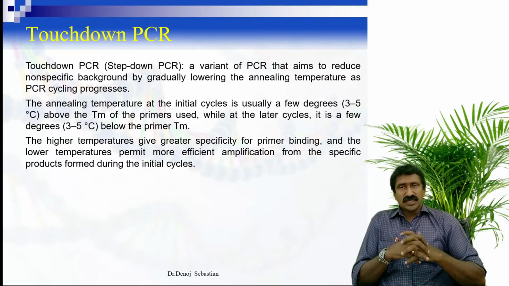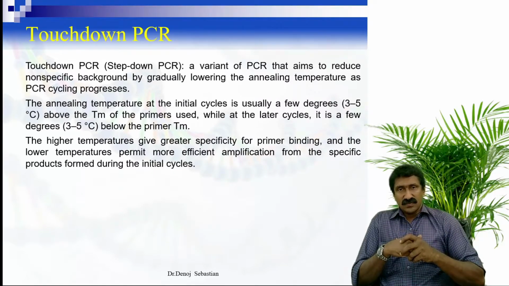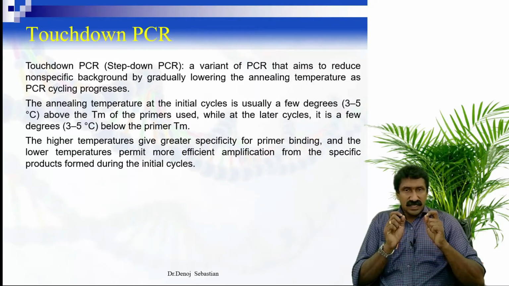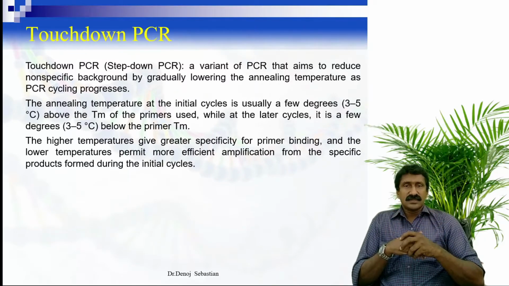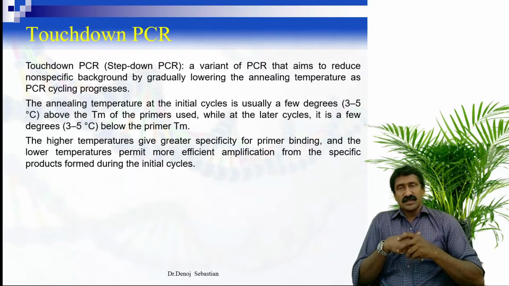The annealing temperature at the initial cycle is usually a few degrees, 3 to 5 degrees, above the Tm of the primers used, while at the later cycles, it is a few degrees, 3 to 5 degrees, below the primer melting temperature.